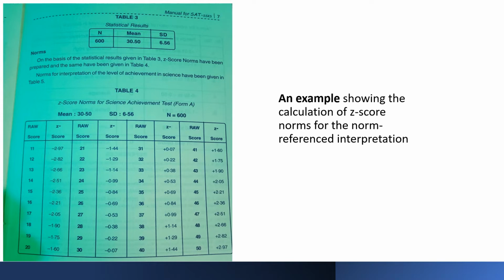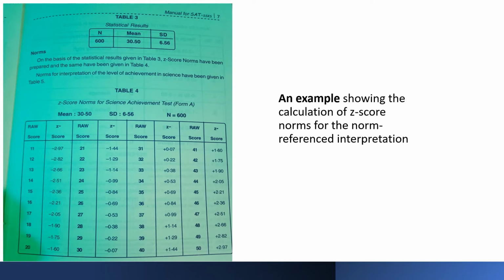Here are two or more types of advantage which we can get when we convert the raw scores into derived scores. So we can compare one individual's performance between two subjects.